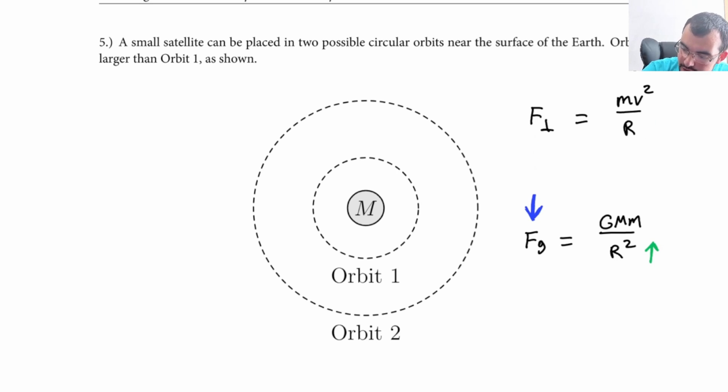Because again, here we have an increasing radius. So student B might look at this increasing radius and say, if my distance increases, I would have to increase my speed to maintain a given force. So they might look at that.